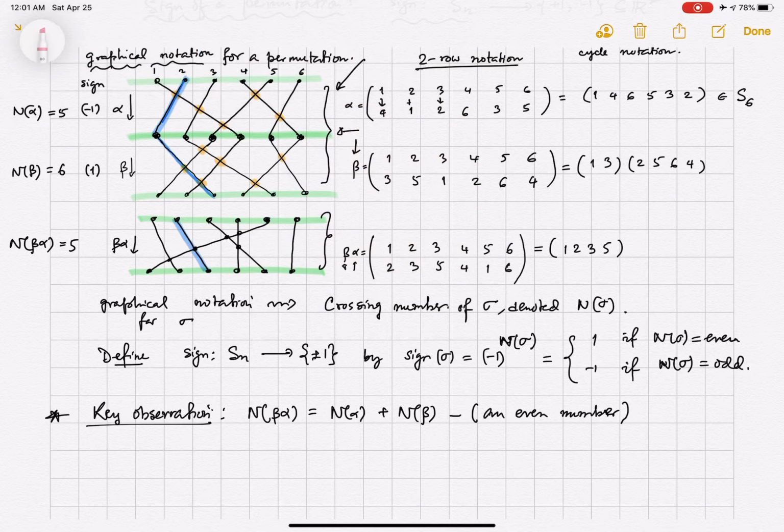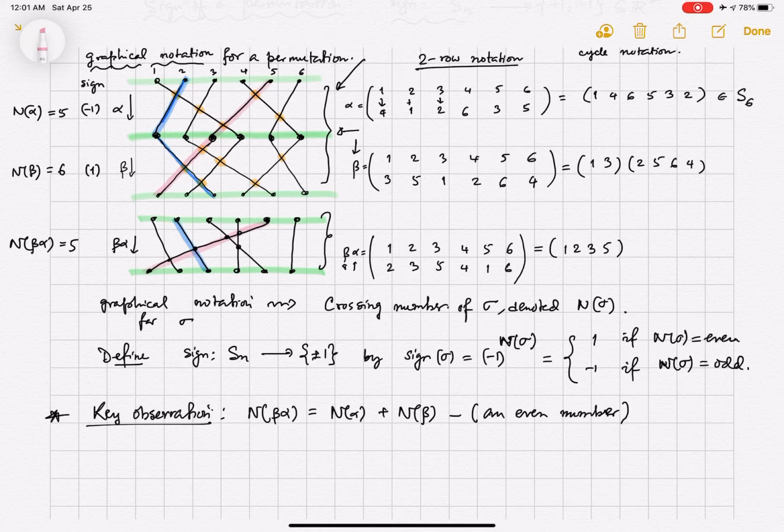You take this string, this pink one, straighten it. It's already straight, this one. So it goes the same way from 5 to 1. So that's one, that the picture for the product is obtained from the picture for alpha and beta, putting them below each other, and then straightening the strings.